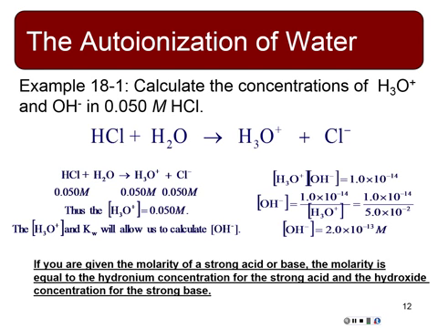Okay, so if we're given 0.050, and this is just written in scientific notation, doesn't matter which one, we can rearrange and find hydroxide because Kw is always equal to 1.0 times 10 to the negative 14.